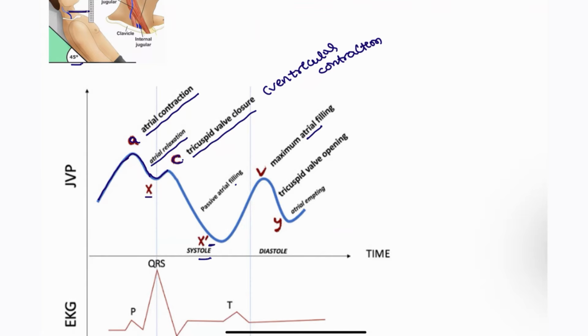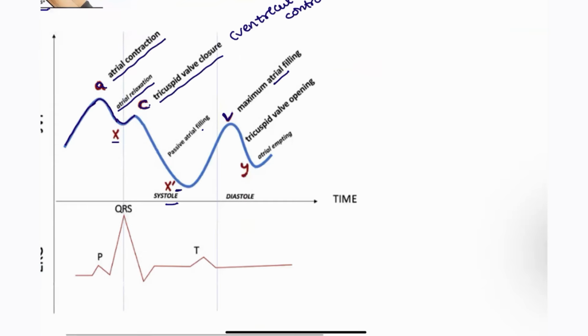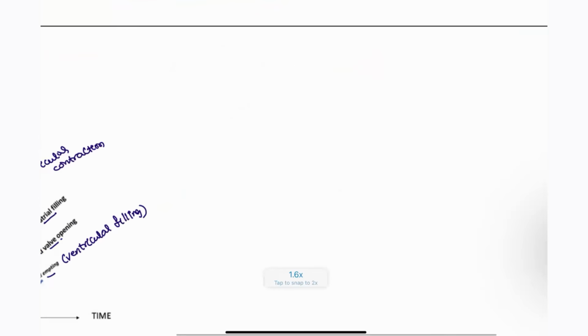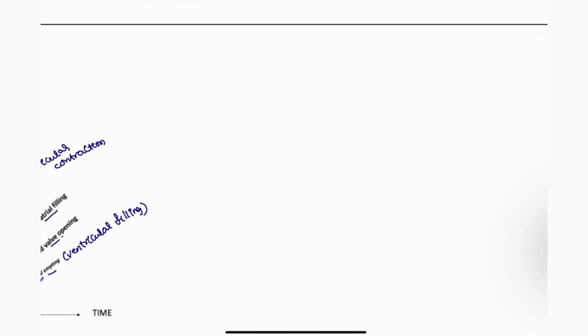Once it reaches maximum filling, the pressure will rise, and that will be seen as the V wave. Once again the tricuspid valve opens, and the atria empty into the ventricle, right? Atrial emptying is nothing but ventricular filling, which will be seen as the Y wave. But there are pathologies that will be associated with this graph.